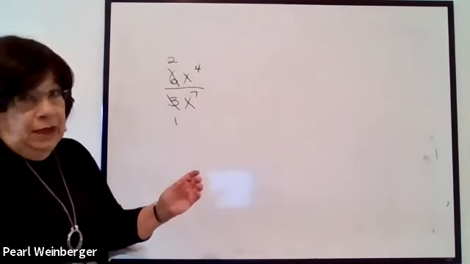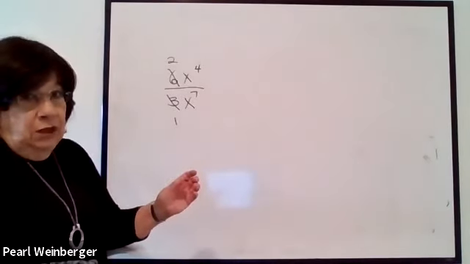Now we know about common factors. If you have 2 letters, if they're the same letter, the greatest common factor is the one with the lower exponent. In other words, I can divide the top by the greatest common factor, which is x to the 4th. That'll cancel this out.